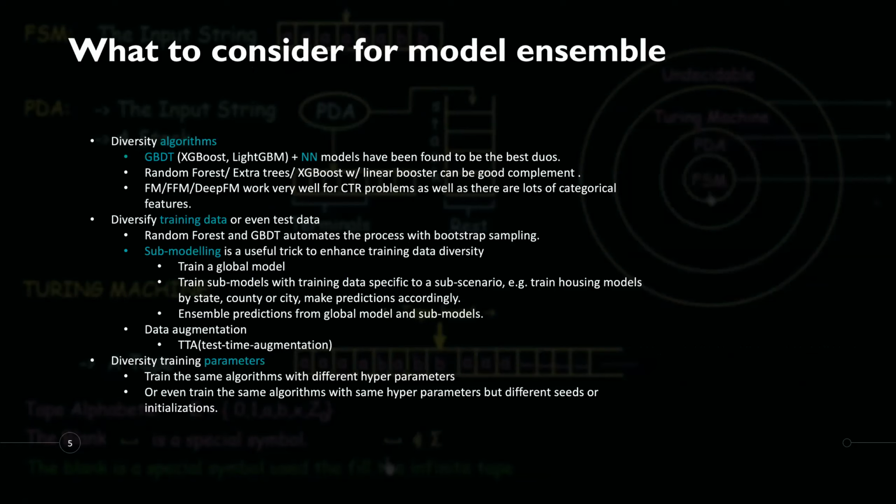So basically, what to consider for model ensemble. Here are a few things we need to consider when we construct multiple models for model ensemble. First of all, we'd like to diversify algorithms. That was the conclusion from the last slide. The smaller the correlation between the models, the more effectively the model ensemble can reduce the variance.